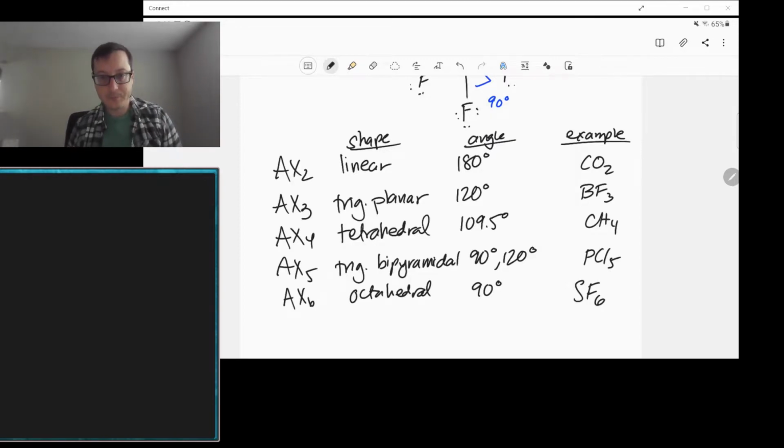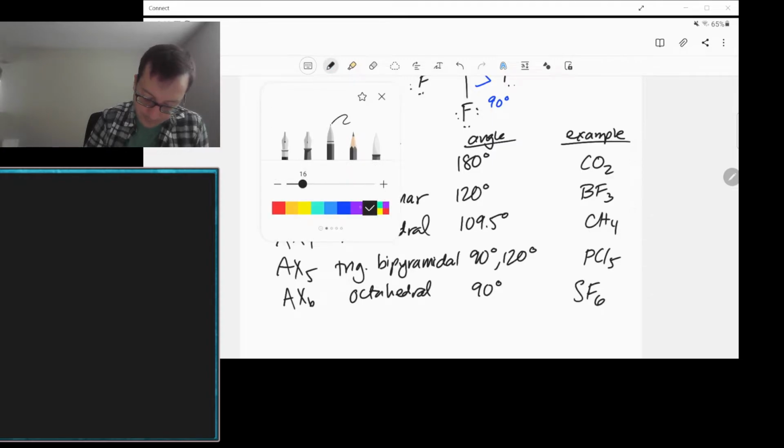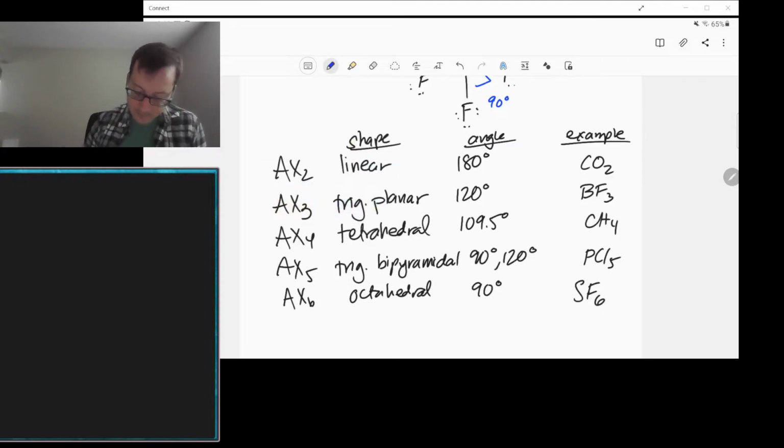So when in doubt, if you forget a shape, which is unlikely because you're probably going to print out the table and use that, but if you ever do, if you commit your examples to memory, it'll help you to remember all of these things. So, good stuff.